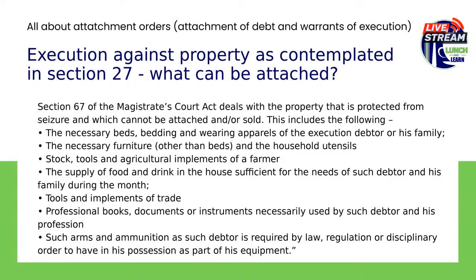Those could be attached. But a stove would be considered necessary furniture, and that would be excluded together with the pots and pans. Another thing that could not be attached is stock, tools, and agricultural implements of a farmer. So if you are a farmer, that would be protected, in order to ensure that he can actually go out and farm and earn a livelihood.